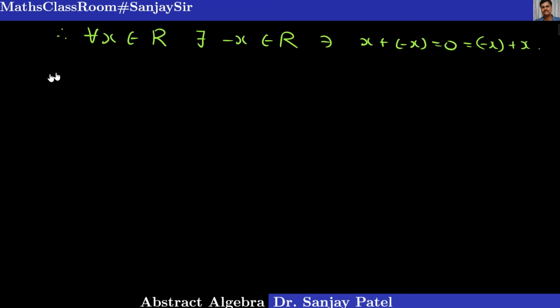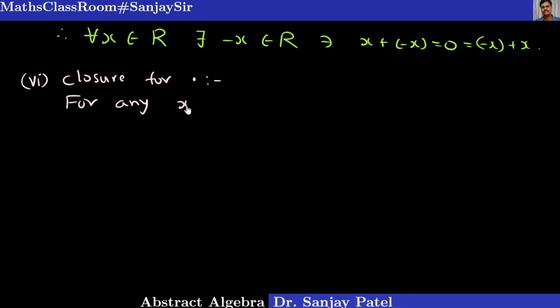Now let us take up the 6th condition, that is the operation for multiplication. It is the closure for multiplication. It is also very simple.